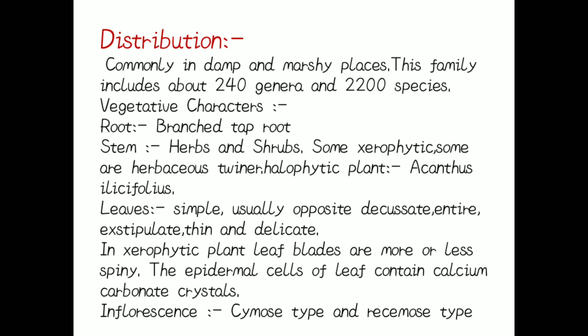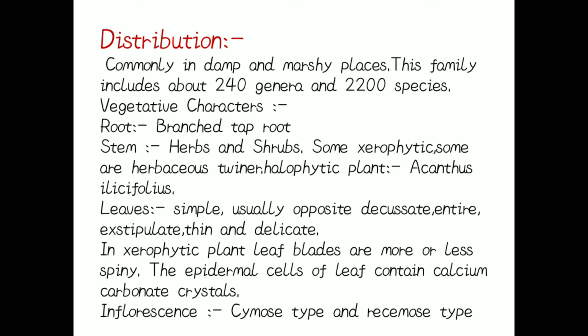The distribution of this family is commonly in damp and marshy places. This family includes about 240 genera and 2200 species. The vegetative character of this family: the root is a branched taproot system. Stem is herb or shrub, and the stem is woody also, and the habit of the plant is herb or shrub.